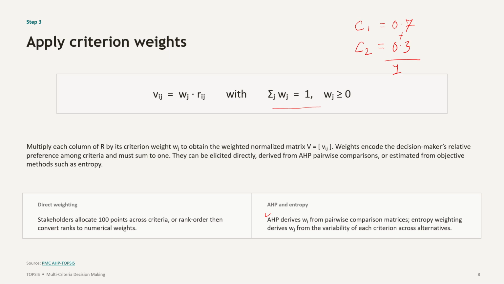That is also you can do. For this, there is no role of decision maker if you use AHP and entropy. But when you are doing direct weighting, then there are stakeholders, decision makers. There is an impact of decision makers.